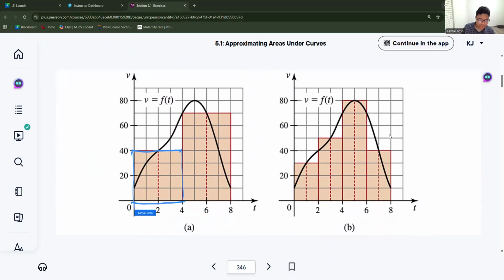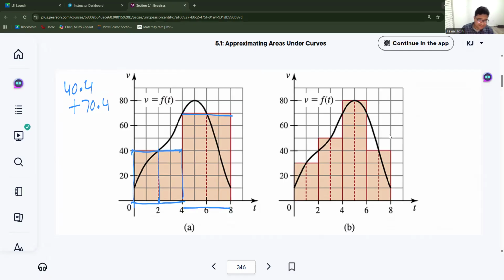So for the subinterval from 0 to 4, the midpoint is chosen for the height of the rectangle. So the answer here would be 40, the height, times the interval length 4, plus for the interval from 4 to 8, the height is chosen to be this value here, which turns out to be 70, and then you will do times 4, right?